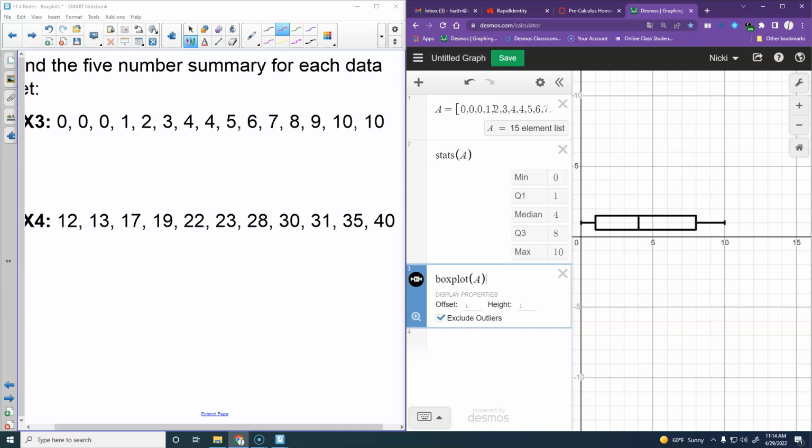Square bracket instead of parentheses. You don't have to do shift for this. If you want one, we have the squiggle bracket.